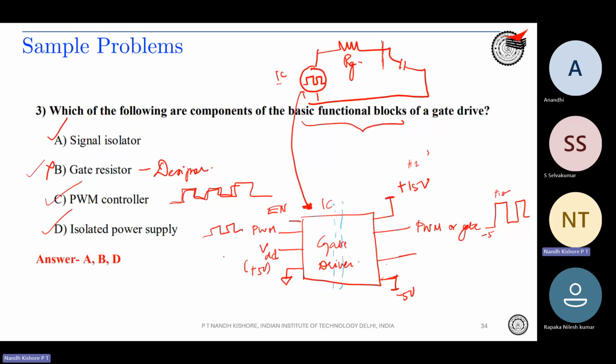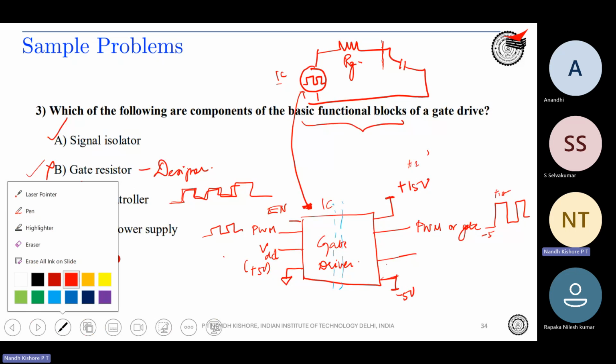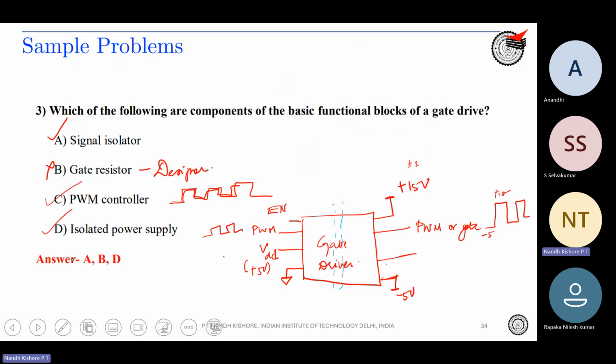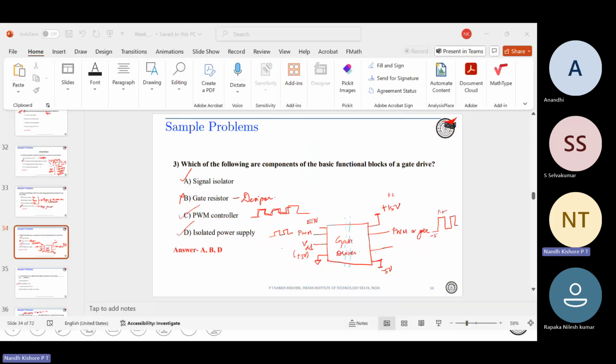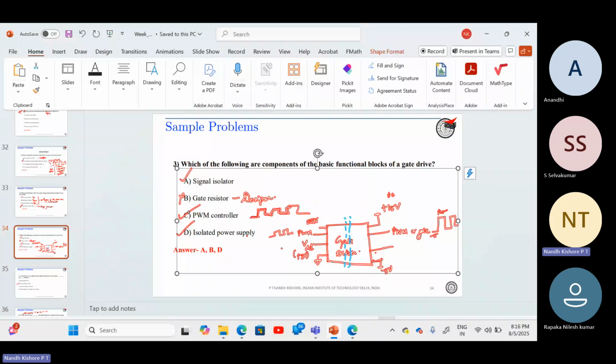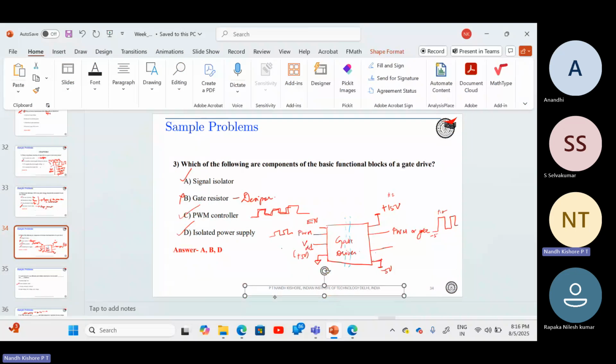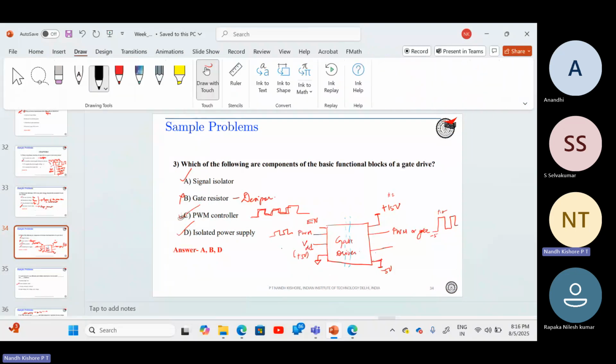So your RG gets included, and your PWM, they have written it as PWM controller. So PWM controller refers to the microcontroller, correct? Your PWM controller is definitely not part of it.